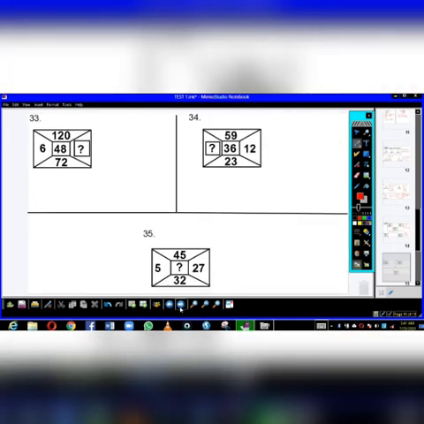Now let's proceed to 33. How do we find the value of the missing number in 33? If 6 plus box is equal to 72, what do we do to find the value of the box?